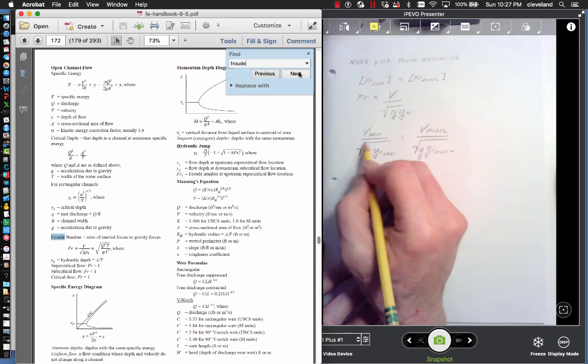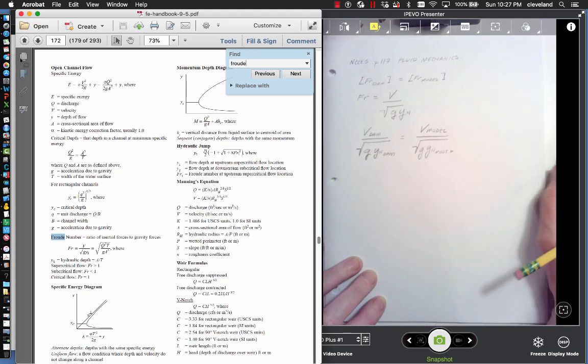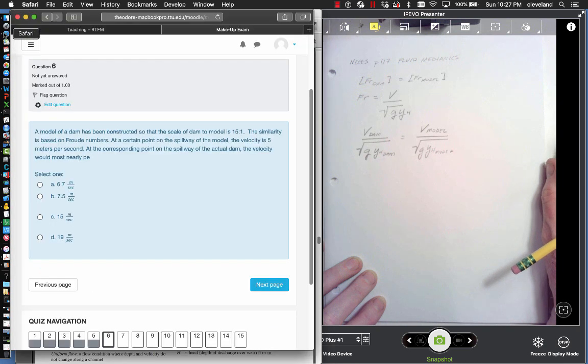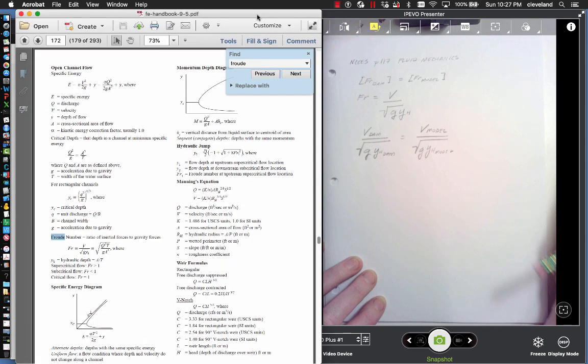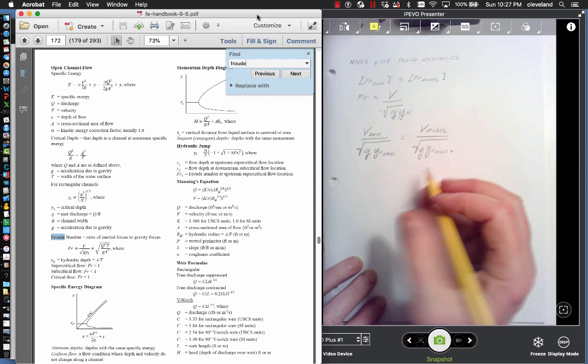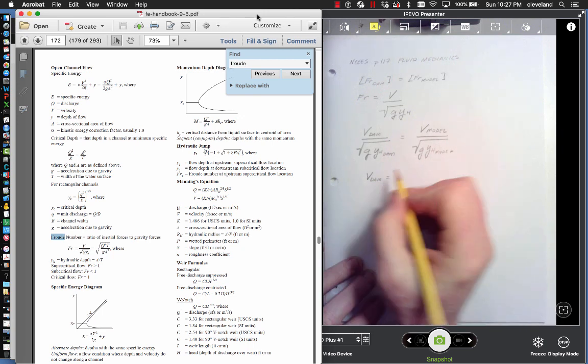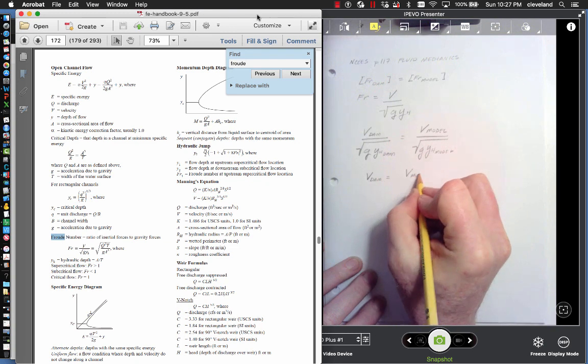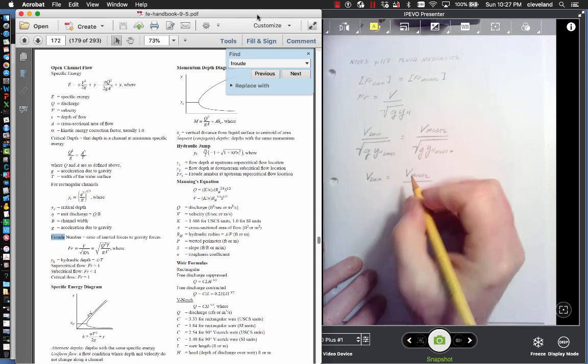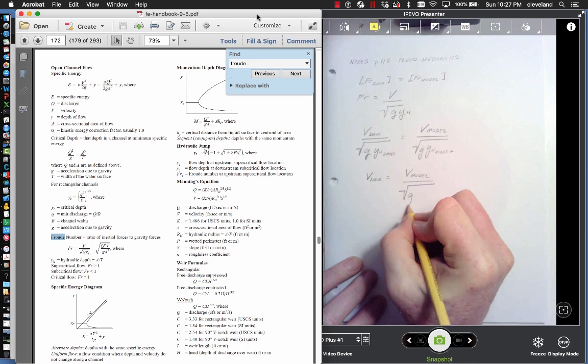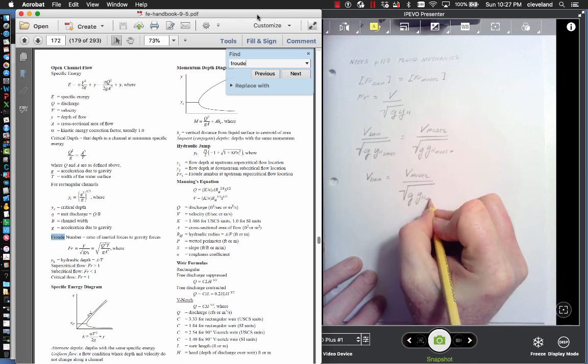And we're after the velocity of the dam. The question is, what is the velocity on the dam? So velocity of the dam equals velocity of the model root g y h model.